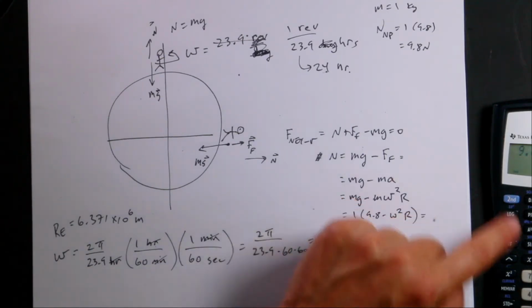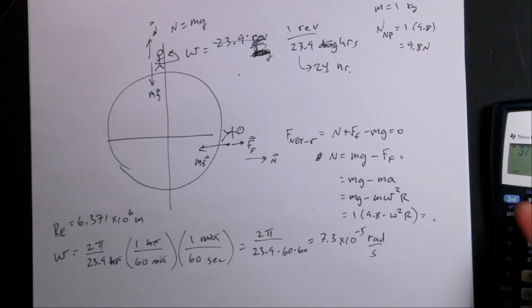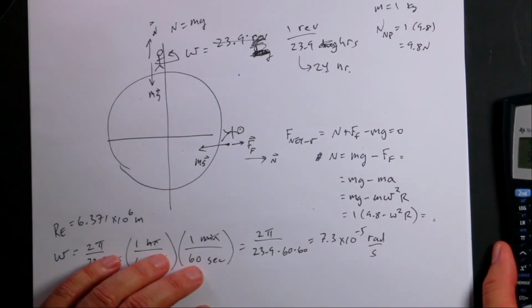There it is. Times 10 to the 6th times parentheses, I'm not sure I'm doing it right, 7.3 scientific notation button, negative 5 close parentheses squared, equals 9.7. Okay, I think it worked. 9.77.